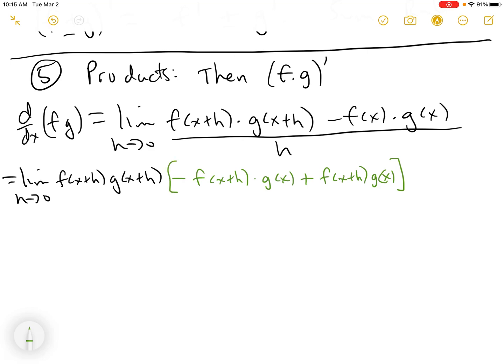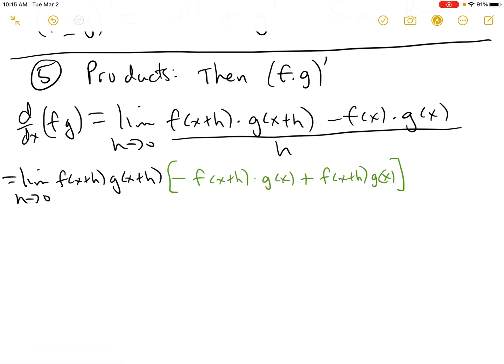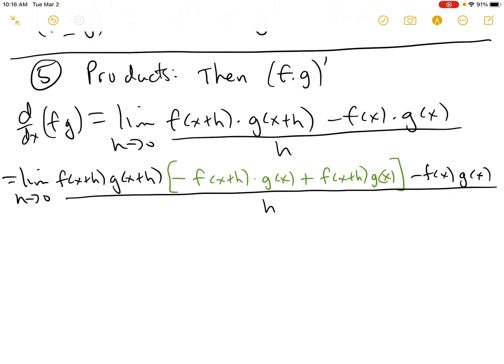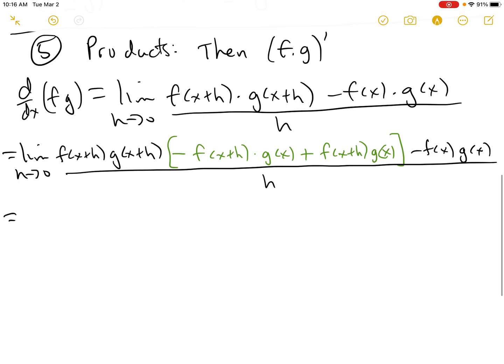So all I've done is basically added 0 because I subtracted and added the same thing. And then off the end here we have f of x, g of x all over h. So this is calc trick 175, right? You add and subtract something and it implies you know what you're headed for, which I do.